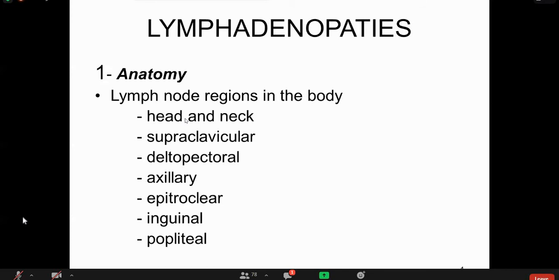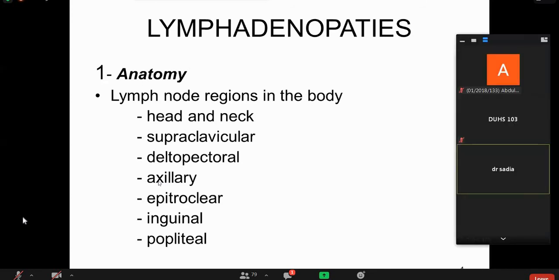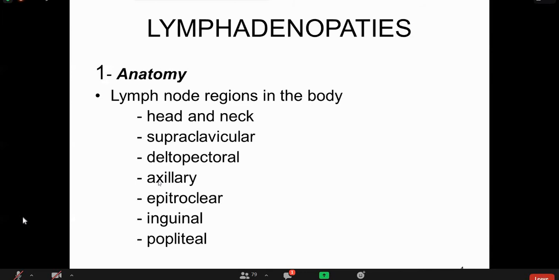Like, if you find enlargement of the axillary lymph nodes, you should suspect that the patient might have a breast pathology. The infection is coming from the breast or the chest wall. That is why the draining lymph nodes are enlarged.